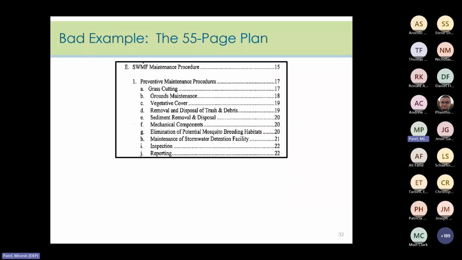Now, imagine you are reviewing a 55-page maintenance plan for a constructed wetland, and you open the table of contents to see this. Now, you may think, well, they have a 55-page plan, they have preventative procedures, but if you look closely at the headings, A, grass cutting, F, mechanical components, and H, stormwater detention facility, this will indicate to you that the maintenance plan may not reflect the actual design and require some revisions.